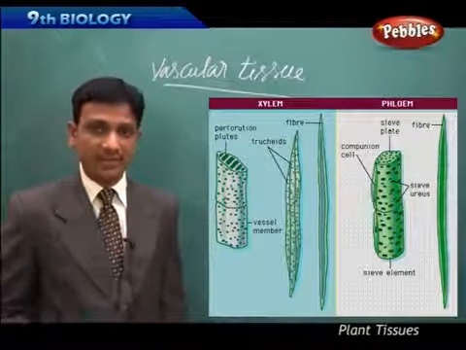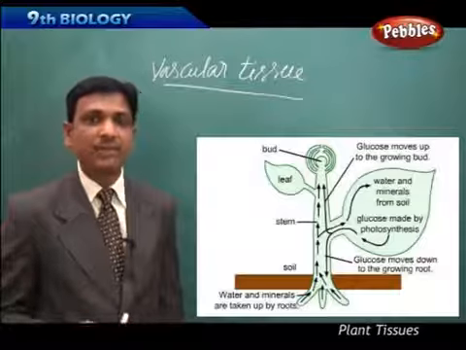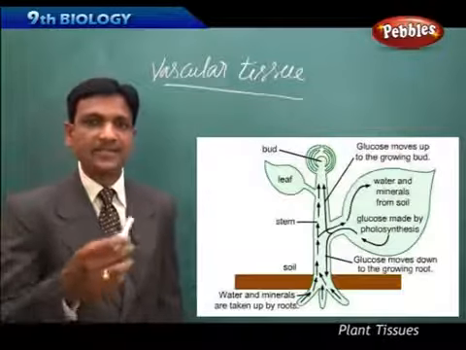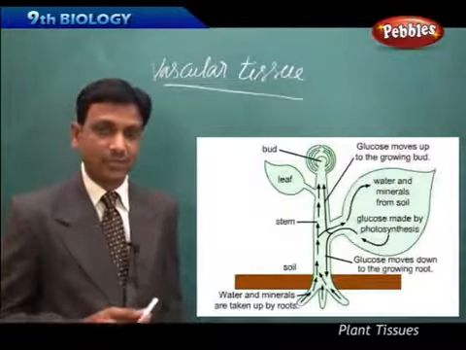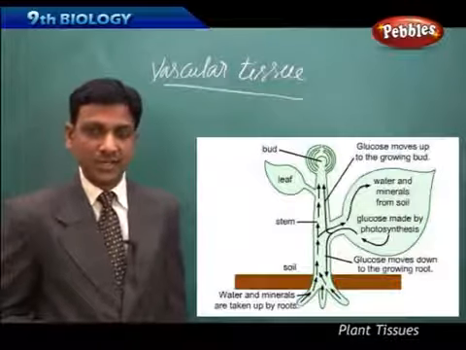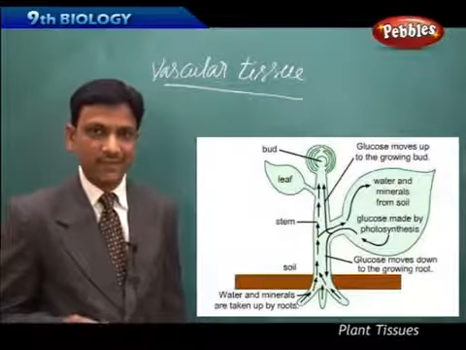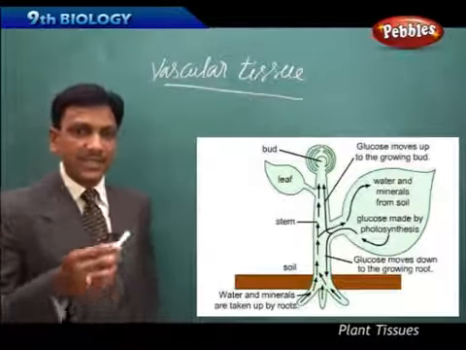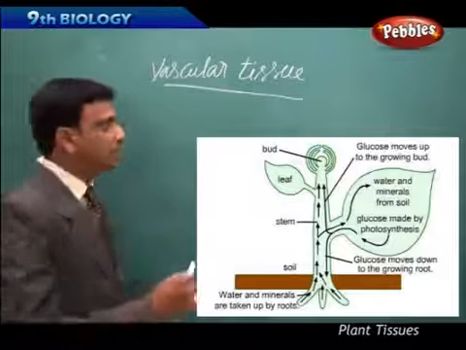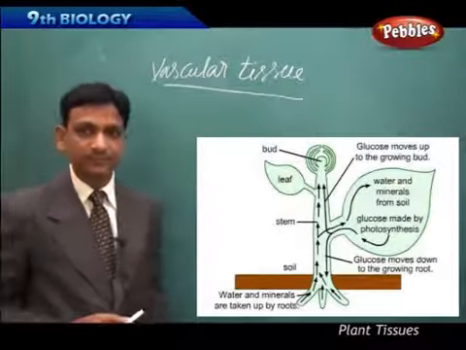These are to be carried to different parts. Say the water is needed in the leaf for photosynthesis, so the water is to be transported from root to the leaf. This transportation takes place through special tissues called vascular tissues.